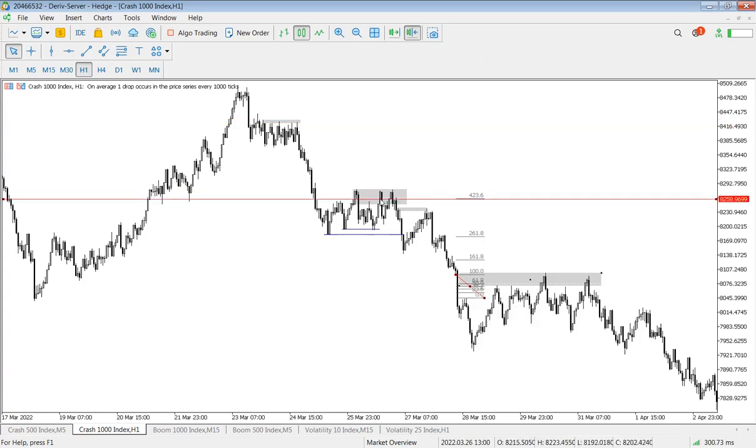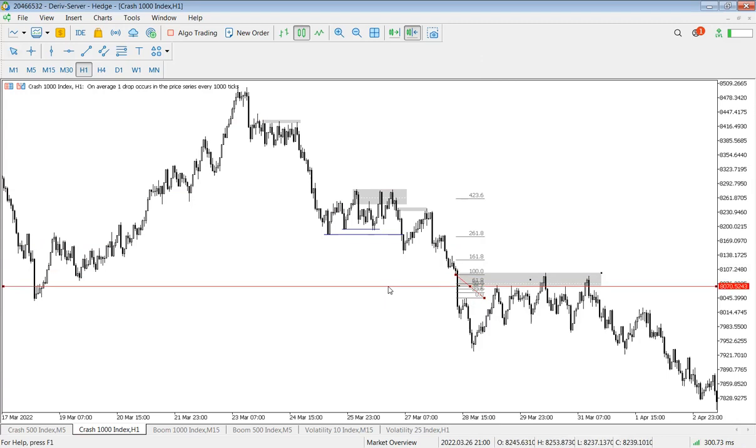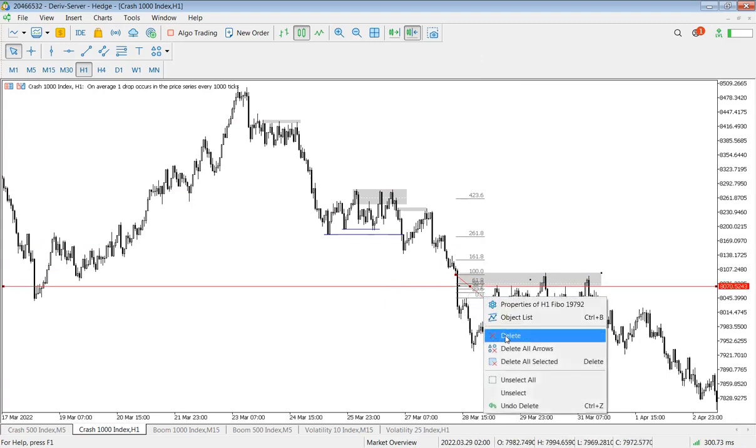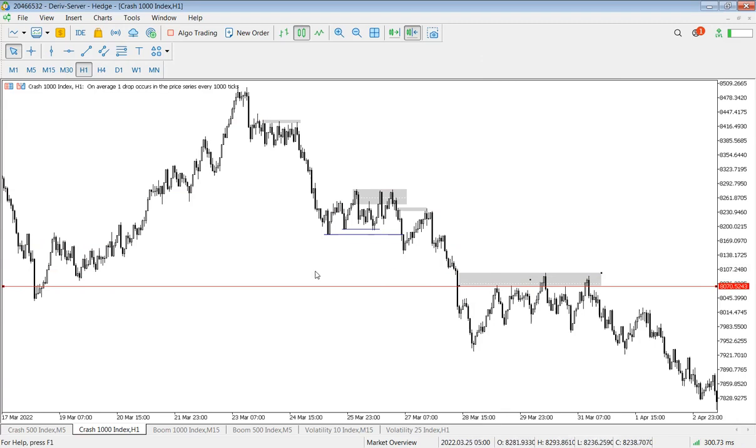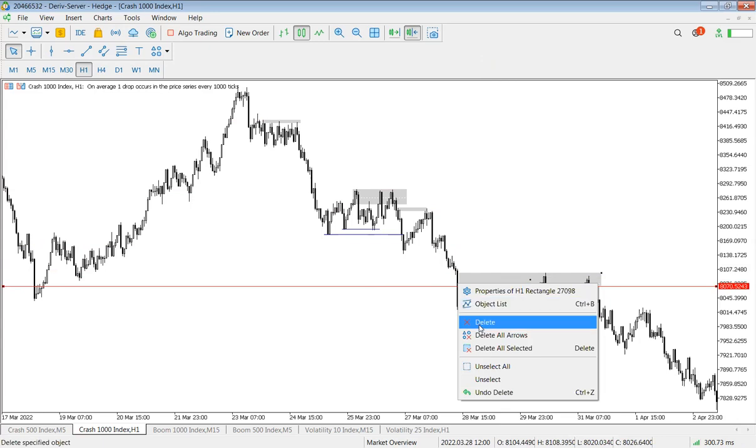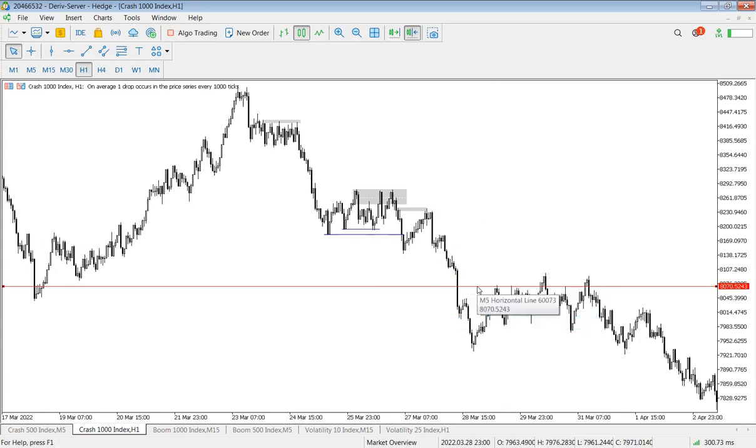Let me remove this Fibonacci. This is your 50%. Where will your stop loss be if you place the trade at the middle of this liquidity void?